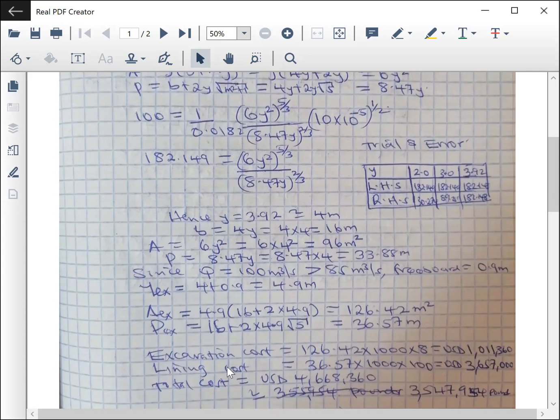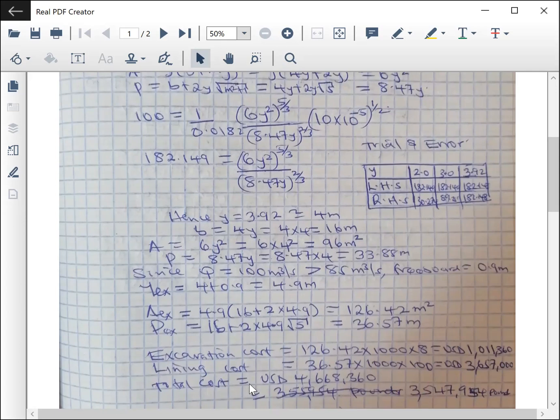Then the cost of lining. Remember, lining goes with weighted perimeter. It will be equivalent to weighted perimeter multiplied by length, which is 1,000 meter, 1 kilometer, times 100, because they told us the cost of lining is 100. You find 3,657,000 USD.